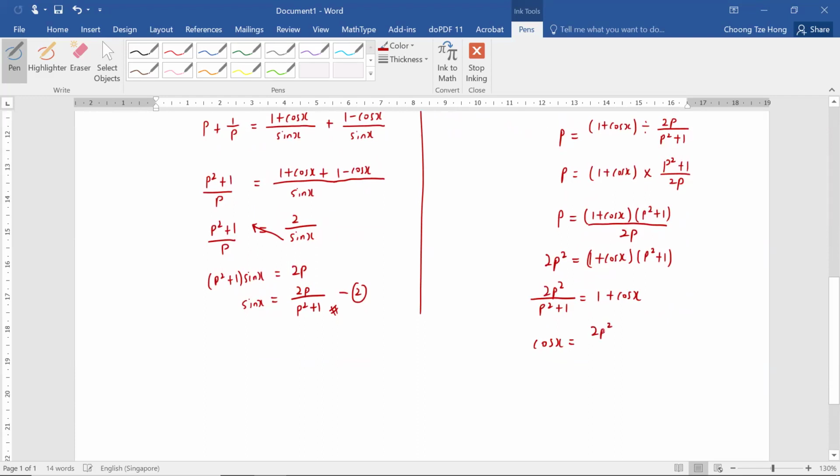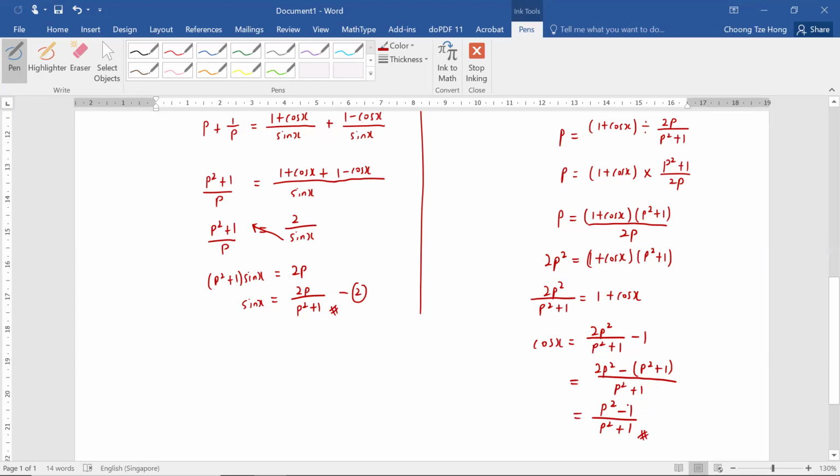We get 2p squared over p squared plus 1 minus 1. Then we combine that into a single fraction: minus p squared plus 1 over p squared plus 1. If you simplify the top, you'll get p squared minus 1 over p squared plus 1. So this will be the solution for this question.